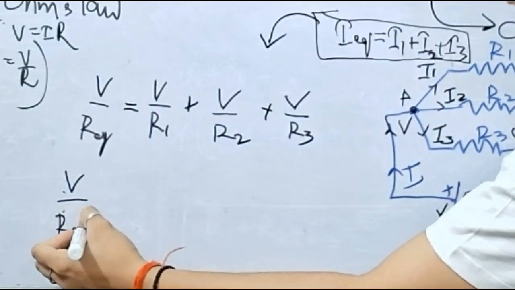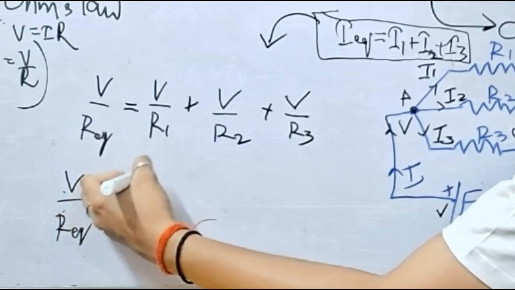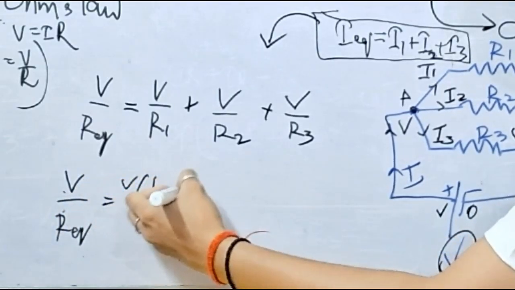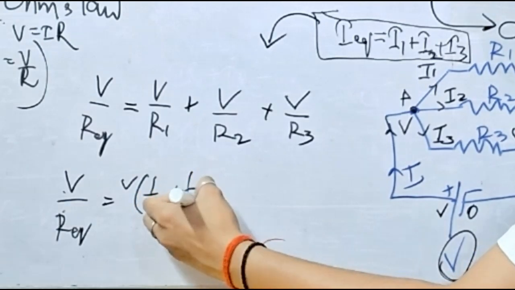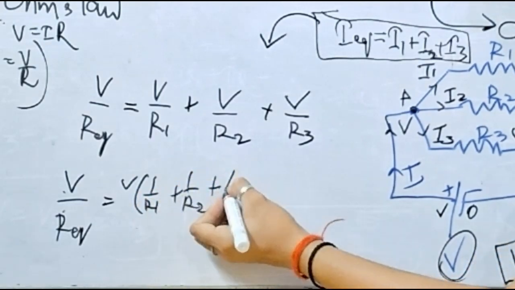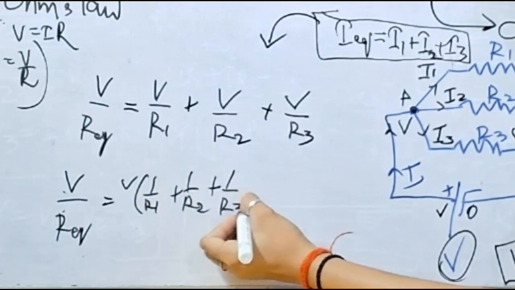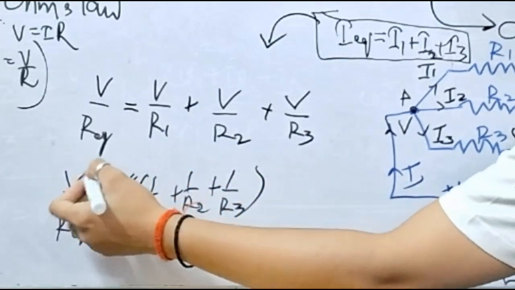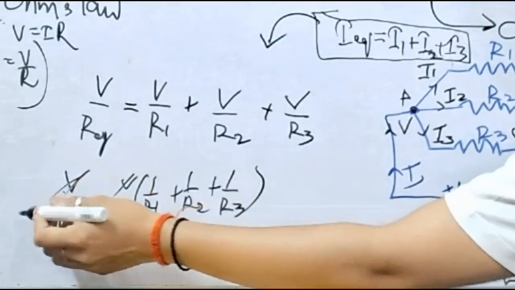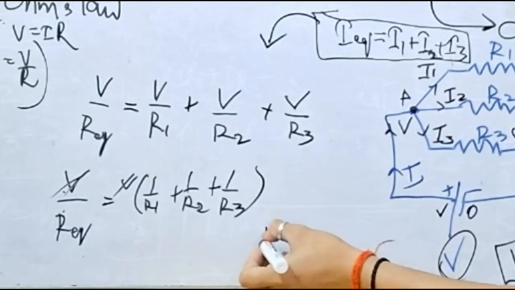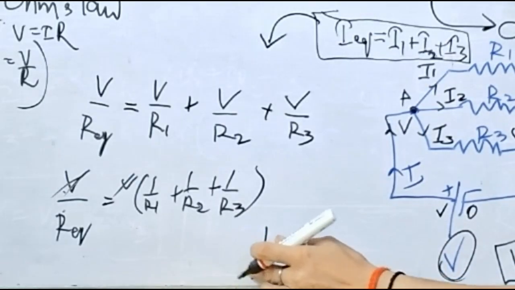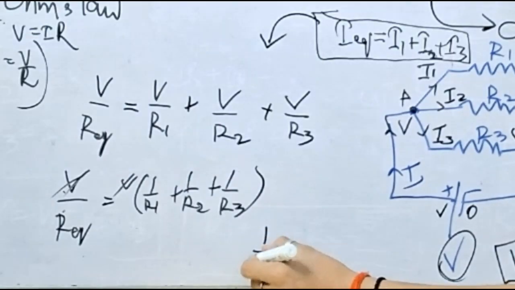So 1 upon R equivalent is equal to, having taken V common, 1 upon R1 plus 1 upon R2 plus 1 upon R3. So after cancelling the voltage V, we have reached our final derivation of the equivalent resistance for parallel combination.